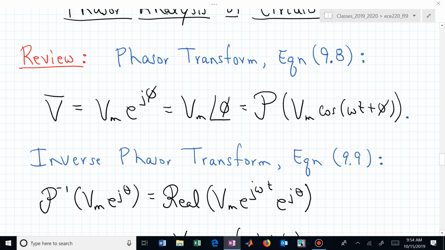We apply script P, or this phasor transform. That just means you're taking a sinusoidal expression, and now we have to be sitting down dining at the restaurant. We have to put our napkin to the side, and what do we put to the side when we do the phasor transform?